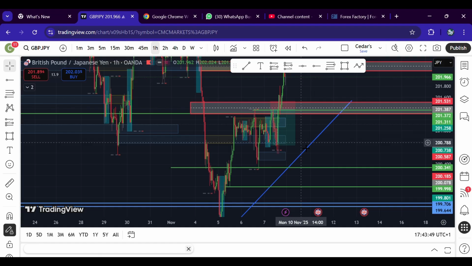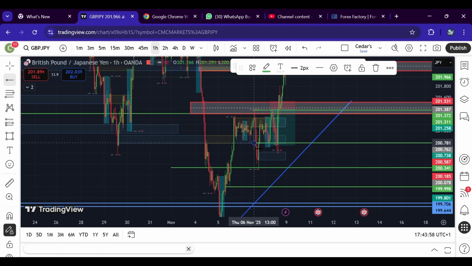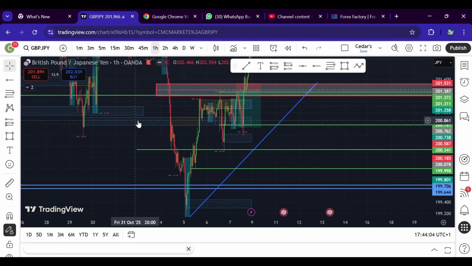So initially, this was the trade on GJ. I've noticed a particular movement with GBPJPY, right? That it comes for a closer liquidity, which was this point here. Once it picks that liquidity, it rallies.